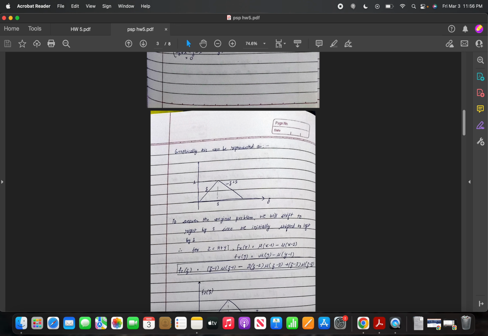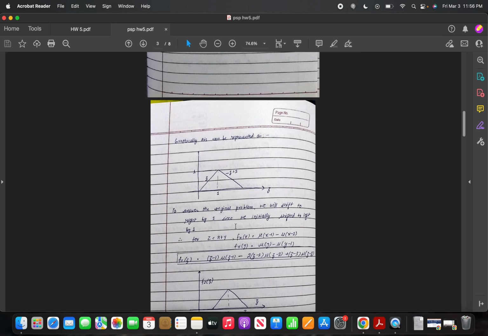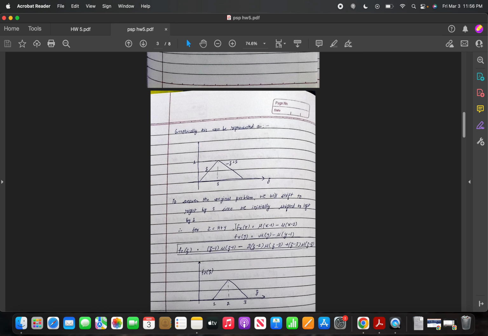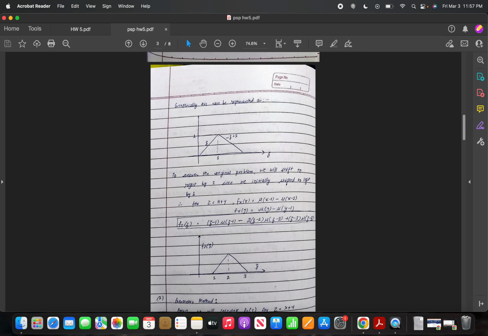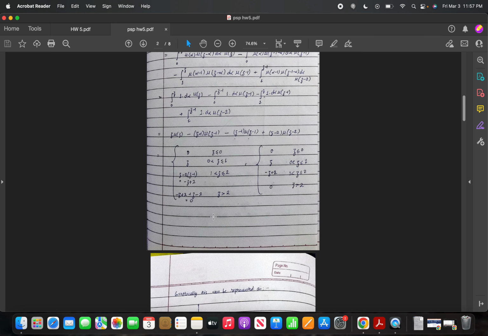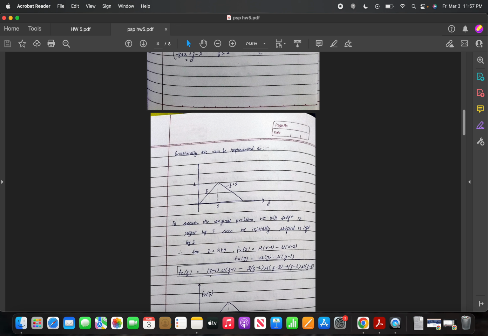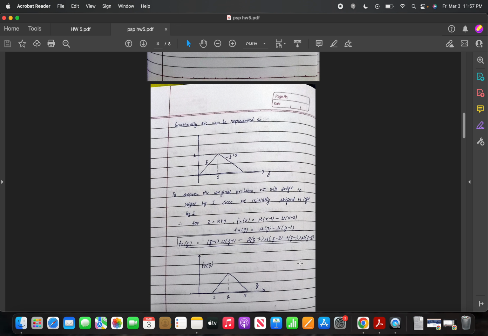Now we'll shift back the result to right by 1 to get the final answer, and basically this is being shifted by 1 to the right. So we'll get z minus 1 u of z minus 1, minus 2 z minus 2 u of z minus 2, plus z minus 3 u of z minus 3.